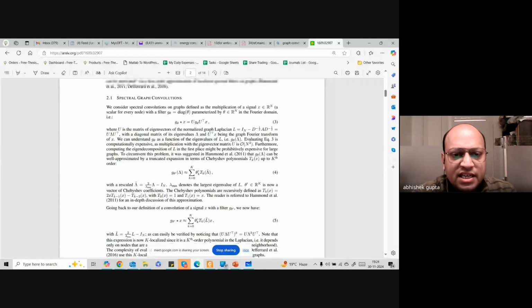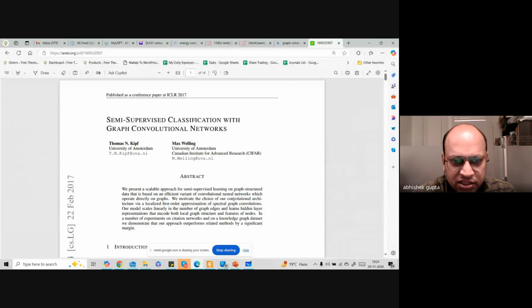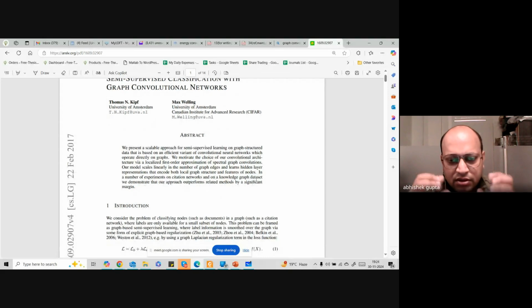This paper is basically presenting GCN as a first order approximation of the spectral graph convolution. Whatever convolutional operation is being done represents the spectral convolution. So GCN is also a spectral feature extraction process, and because several nodes are used in GCN, first order approximation is used to simplify the convolutional process.